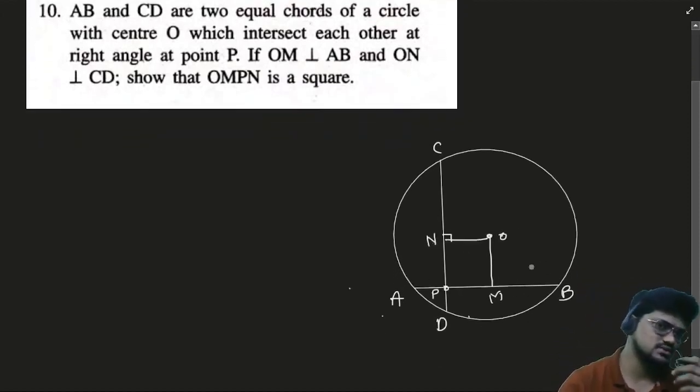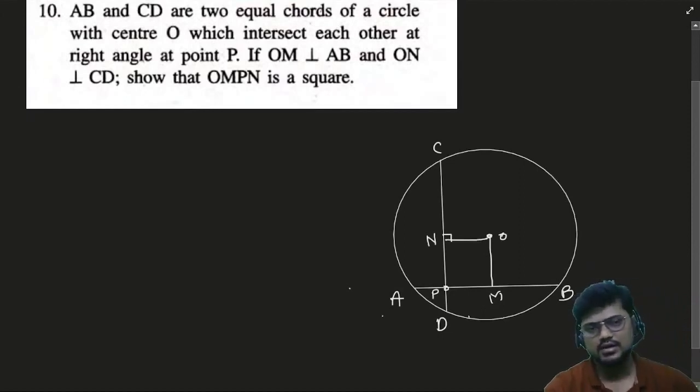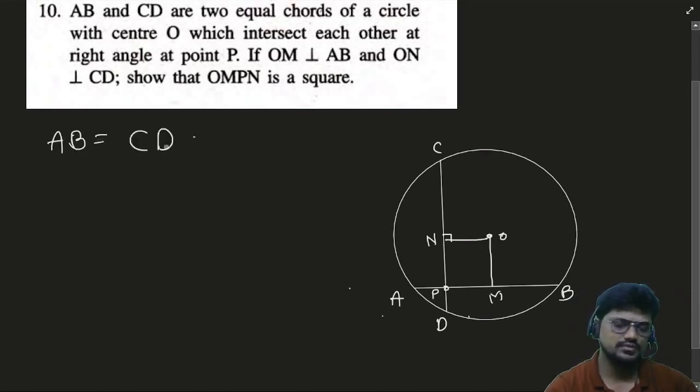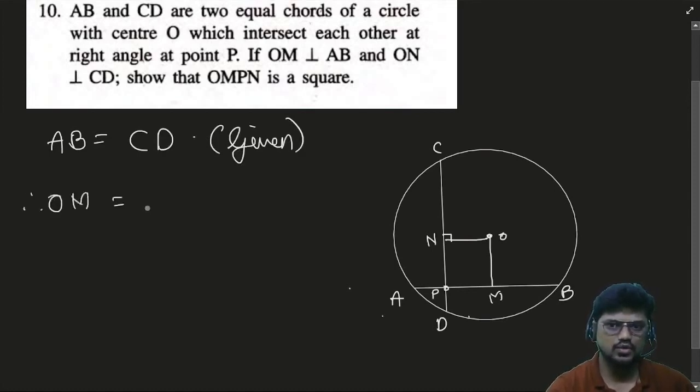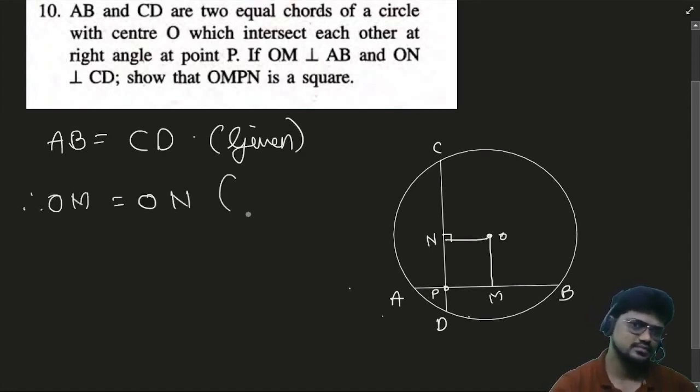Now how can we show it? See, it's very easy. Since AB is equal to CD, given, therefore OM will be equal to ON. Why? What will be the reason?